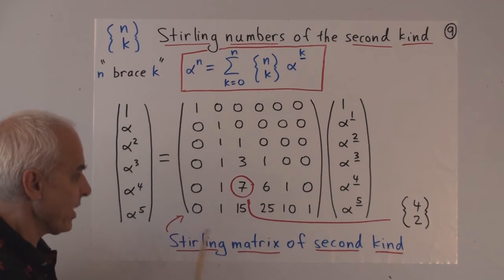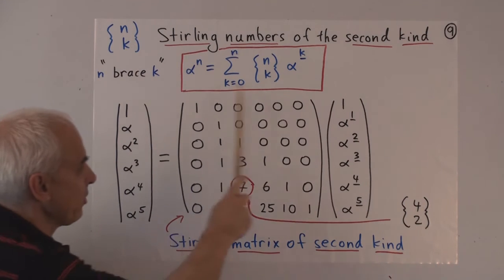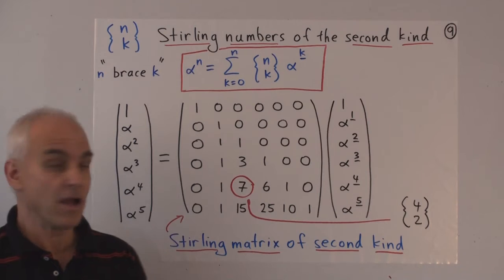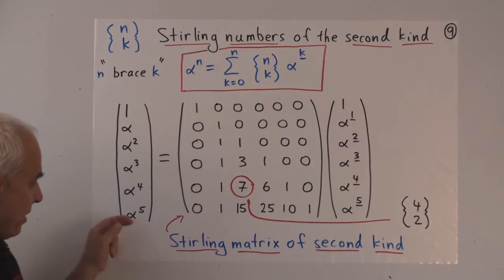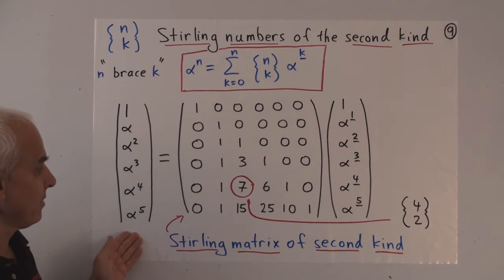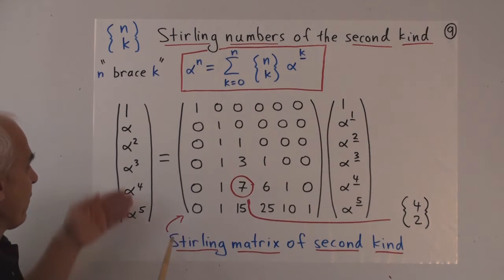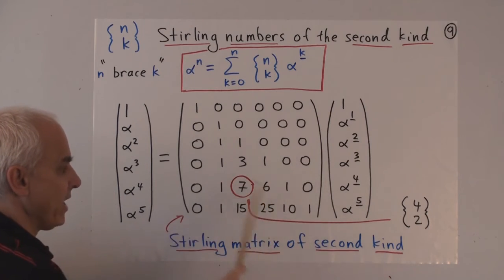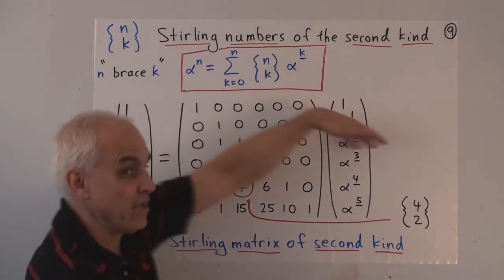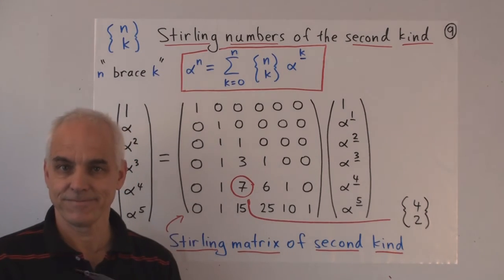That's 4 brace 3, 4 brace 4, and so on. And this thing here, we'll call this a Stirling matrix of the second kind because it's made up of Stirling numbers of the second kind. And we can make such a matrix for any n. And in particular, they all are kind of nested inside each other. So the one for n equals 3 would just be that portion of the one for n equals 5. There's really a kind of an infinite array that represents all the Stirling numbers of the second kind.